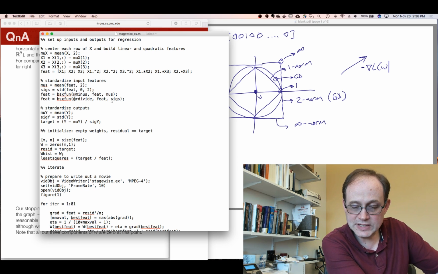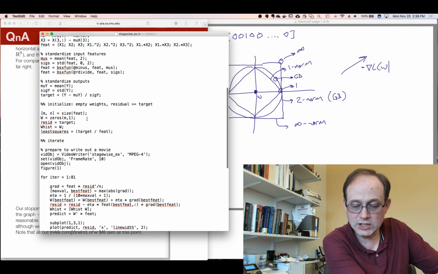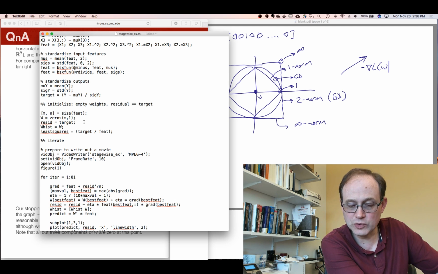We standardize everything, including the outputs, and we initialize with a 0 weight vector, and we start with our residual error. We're trying to minimize the sum of squares of residuals, so we start off predicting 0 for everything, and our residuals are just equal to our original y's.